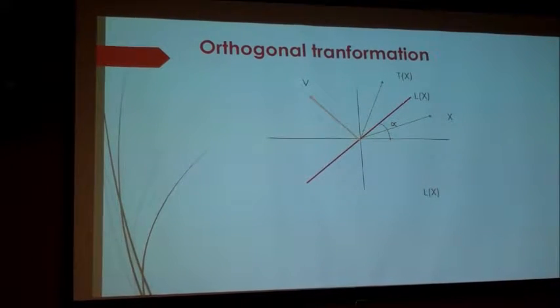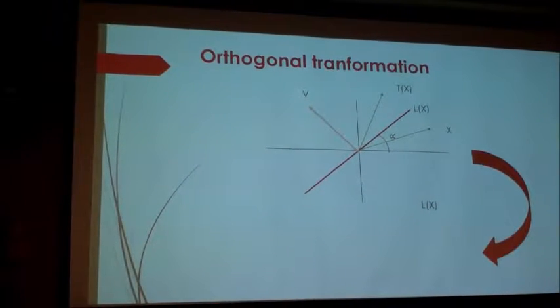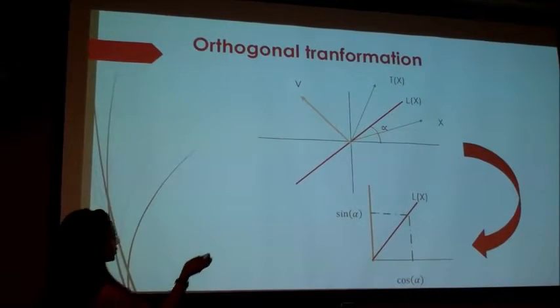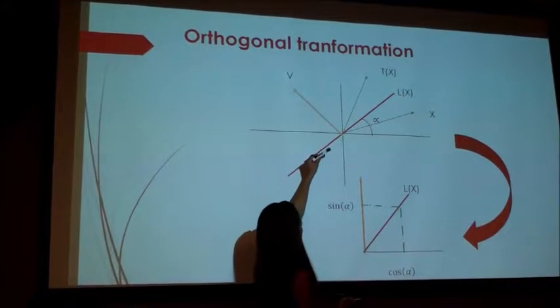And then I can write the new matrix in terms of the U and V unit vectors. U will be parallel to the line Lx, so U will be this line.